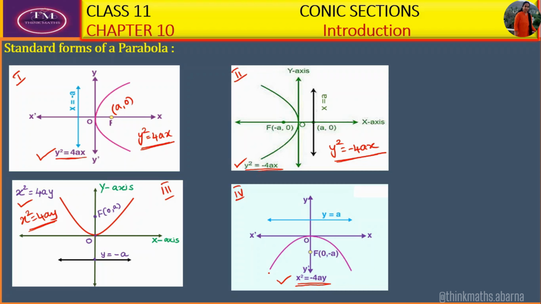Now the last one, if the parabola is wide open in the negative side of the y-axis, the focus will be 0 comma minus a, and the directrix will be y is equal to a. Then the equation of the parabola is x square equal to minus 4ay. So these are the four standard forms of a parabola.